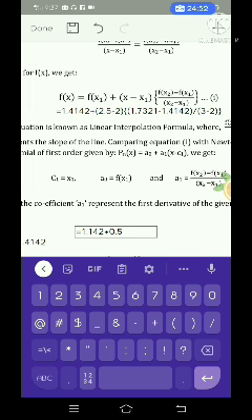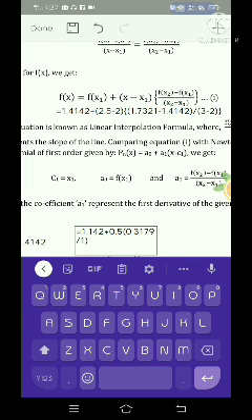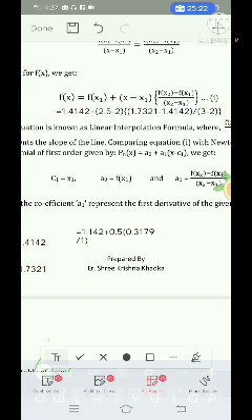And then times 1.7321 minus 1.4142, that is 0.3179, all over the denominator, 3 minus 2, that is 1. Okay. So, how much is that?